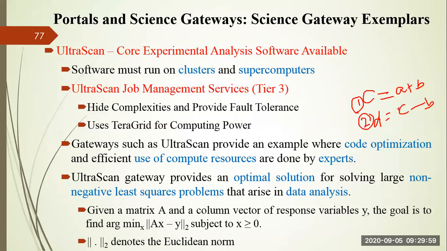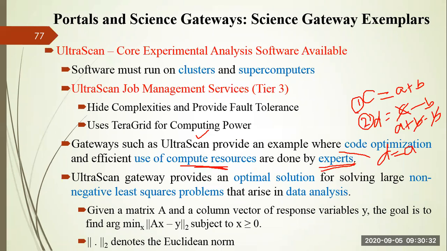But one person can say, why not replace this C with A + B, and then minus B, so the value is the same as A, right? So I will write directly D = A, so that the code is optimized, the number of calculations is also reduced, and both statements are independent of each other, right? That's why code optimization and efficient use of resources is not taken care of by the software, but is done by the experts, right?